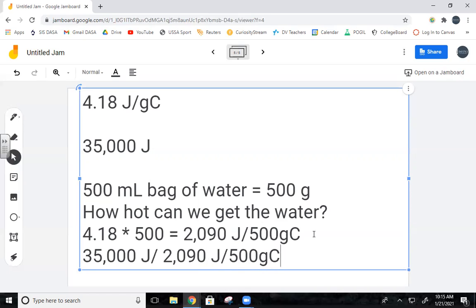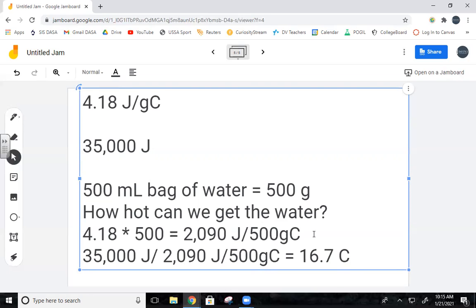that will give us, so let's see here, 35,000 divided by that gives us 16.7 degrees Celsius.